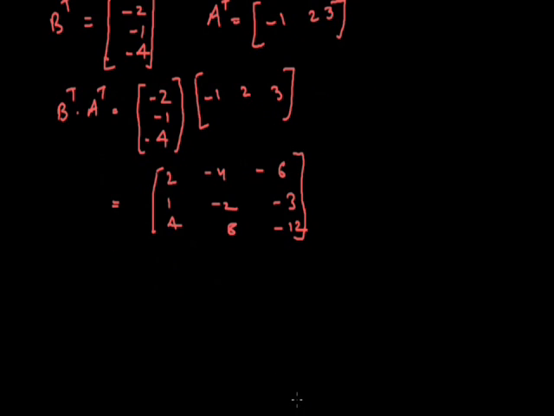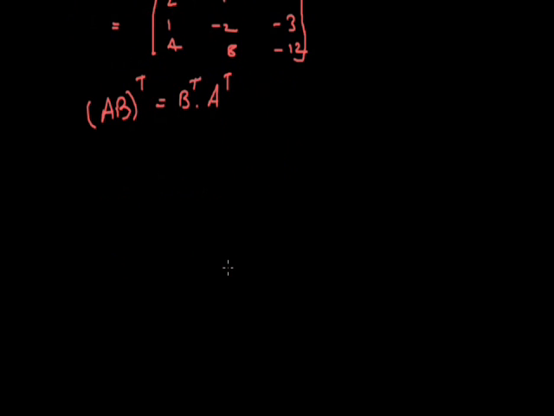So it is proved that (AB) whole transpose is equal to B transpose into A transpose. Now let's take the next example.